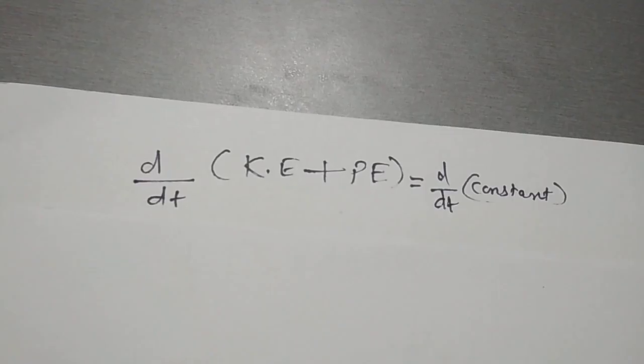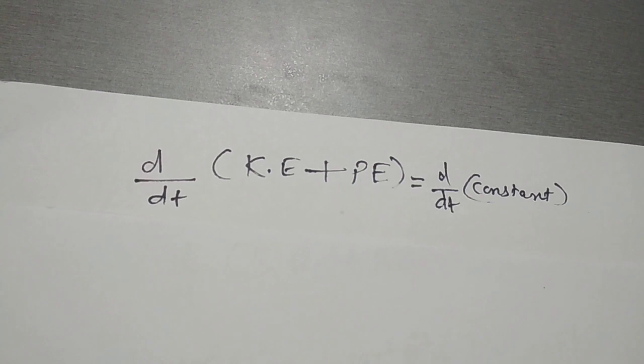If we take the derivative of both sides, d by dt with respect to time, d by dt of KE plus PE is equal to d by dt of constant. The derivative of a constant is 0.